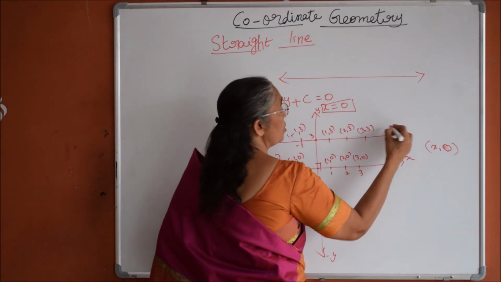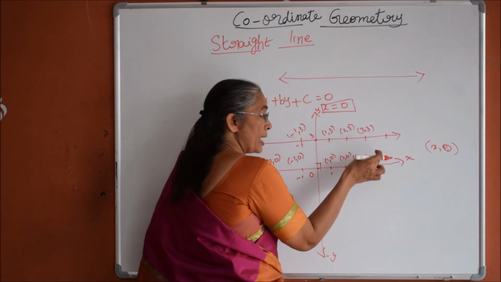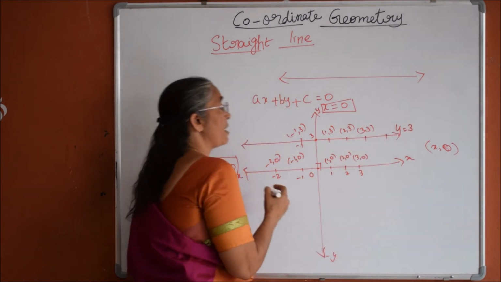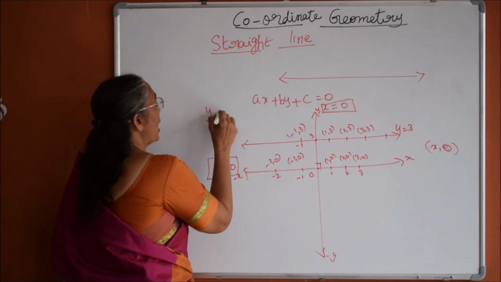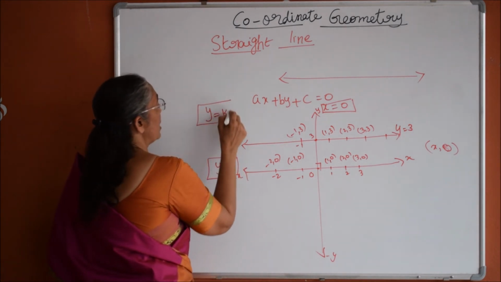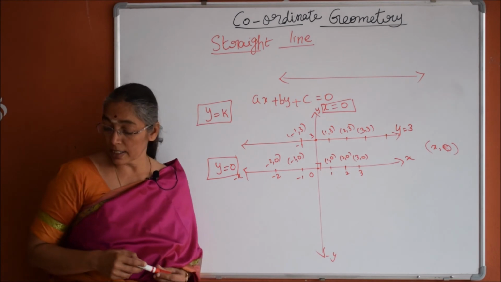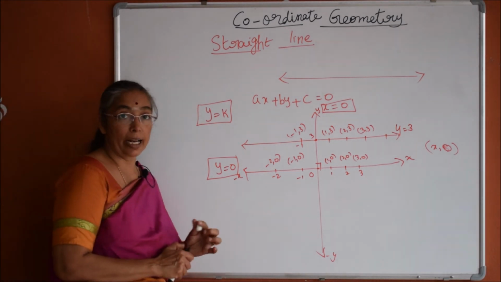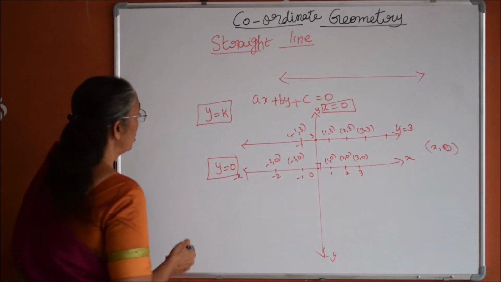So y is equal to 3 is a straight line parallel to the x-axis at a distance of 3 units. Or in general we can say y is equal to k is the equation of a straight line parallel to the x-axis. Similarly, x is equal to k is the equation of a straight line parallel to the y-axis.